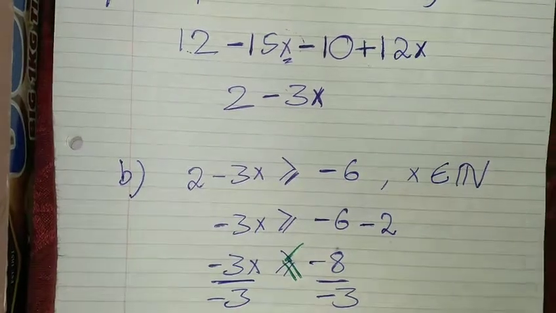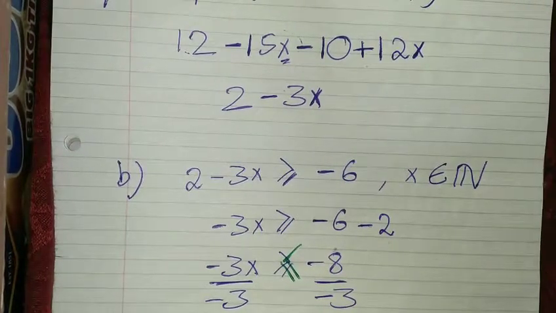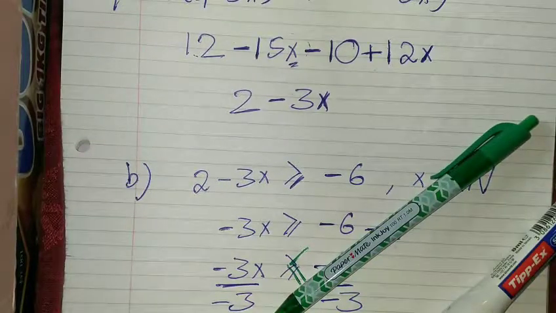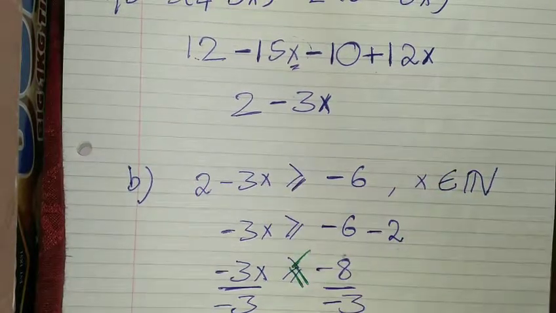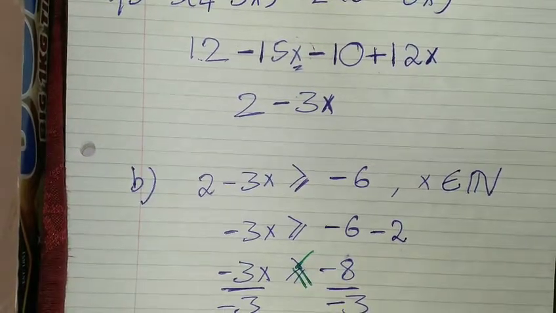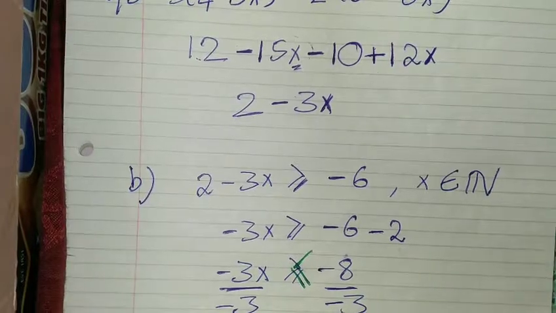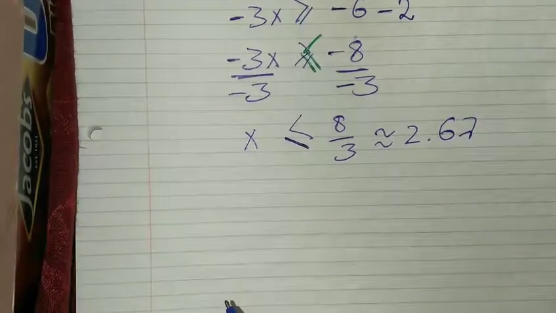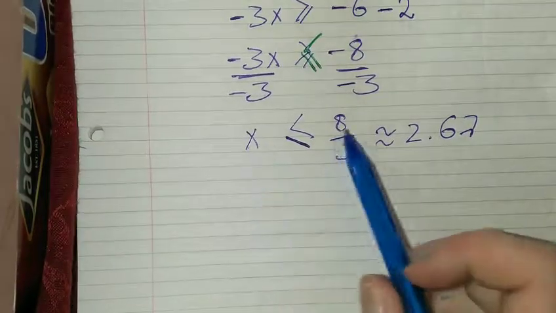So then I get x is less than or equal to 8 over 3. Does that simplify? I'll just leave that as 8 over 3, or it's approximately 2.67.